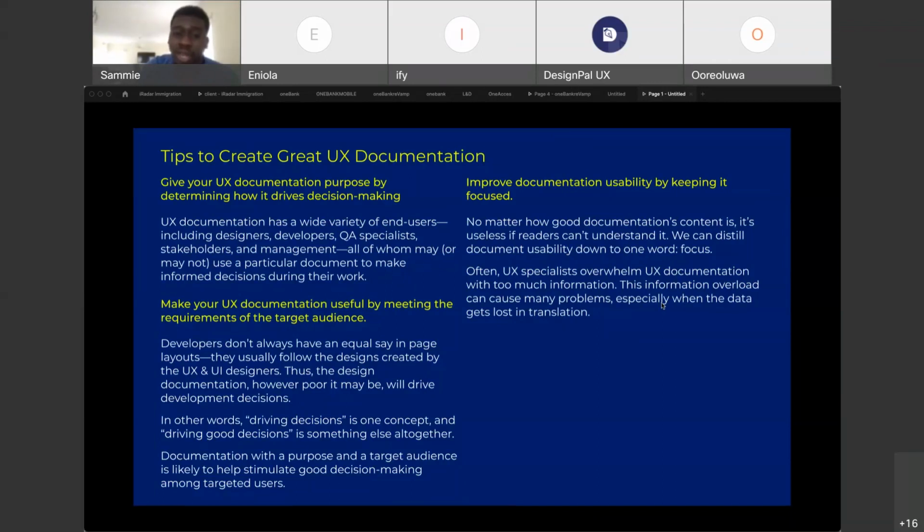Developers don't always have an equal say in page layouts. They usually just follow designs created by the UI and UX designers. Thus, design documentation, however poor it may be, will drive development decisions. In other words, driving decisions is one concept, driving good decisions is another thing entirely. Documentation with purpose and a target audience is likely to help stimulate good decision making among target users.